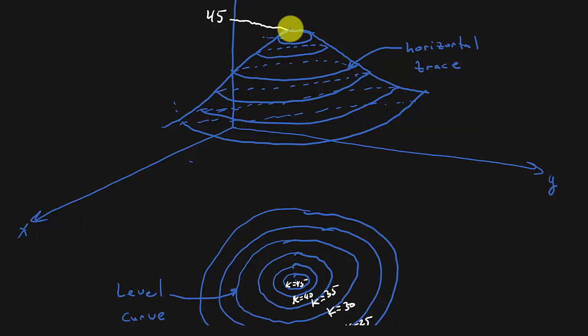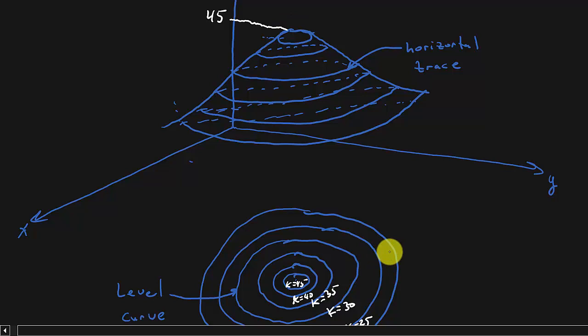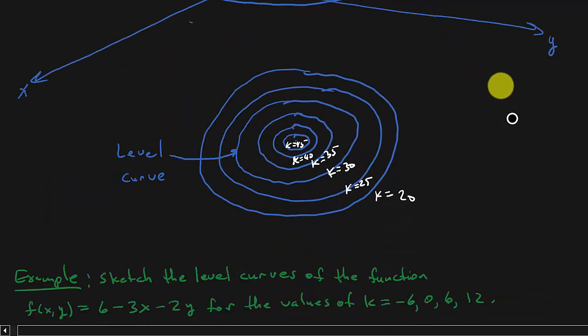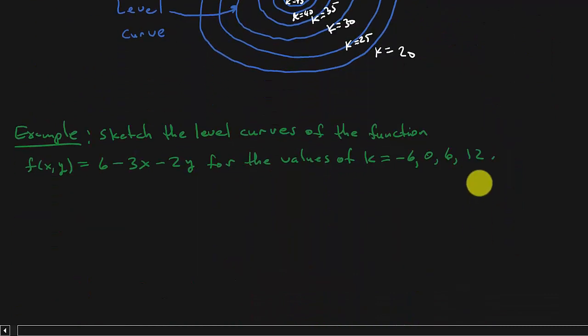On the contour map, the surface is steeper where the level curves are closer together, and somewhat flatter where they are further apart. So where the level curves are further apart it's a little flatter, and where they're closer together it's a little steeper. Let's look at some examples.